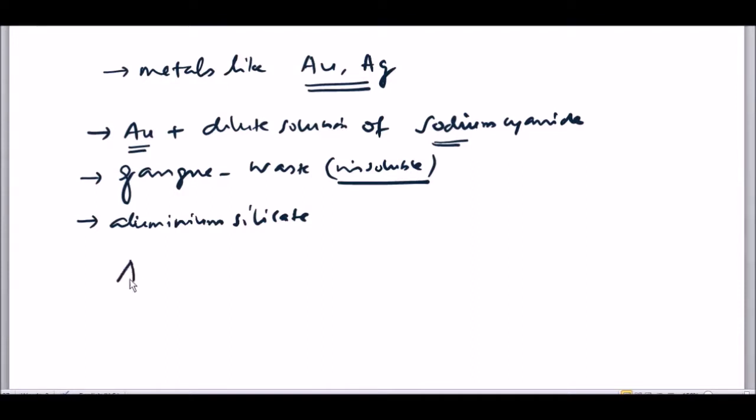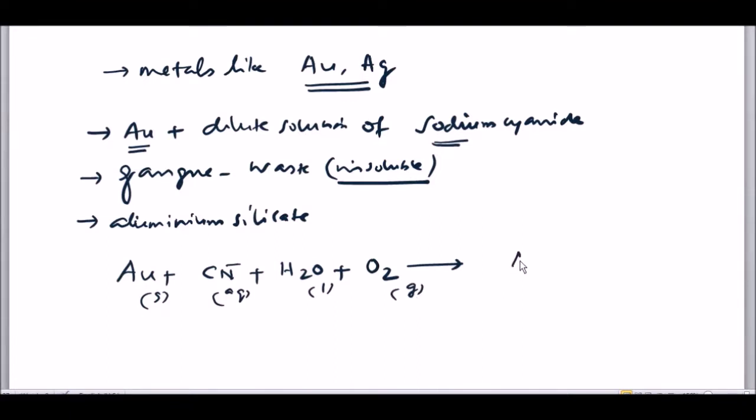So how is the gold forming a complex compound? When you take sodium cyanide solution, which means it has excess water, in presence of oxygen: gold is in the form of solid, cyanide is aqueous solution, and oxygen is gas.